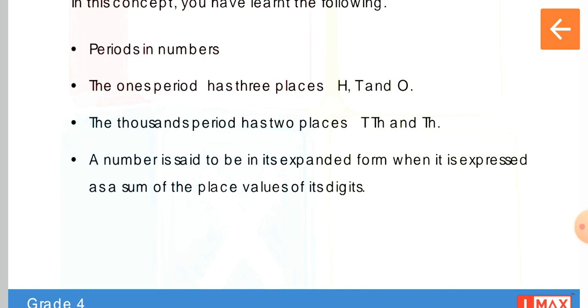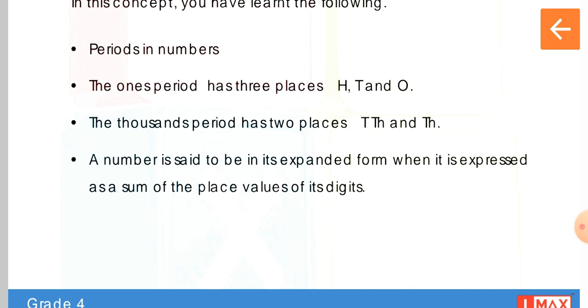Ones, tens and hundreds come under the ones period, and thousands and 10,000s come under the thousands period. We put a comma after each period, from the right. For example, after the first 3 places you can put a comma. Is it clear, children?